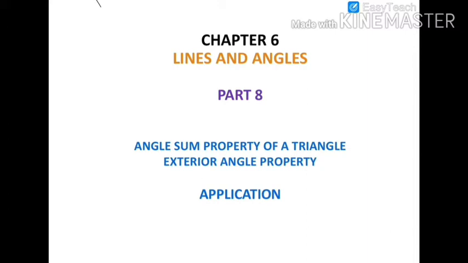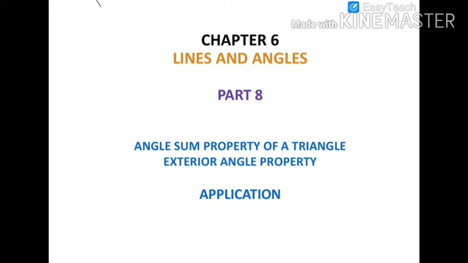So let's recall what is angle sum property of a triangle. The sum of interior angles of a triangle is equal to 180 degrees. And according to exterior angle property, the exterior angle of a triangle is equal to the sum of opposite interior angles.